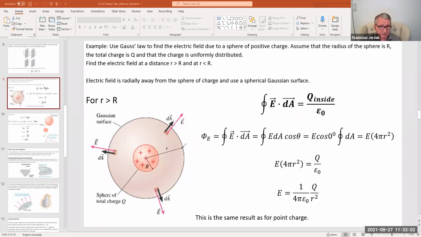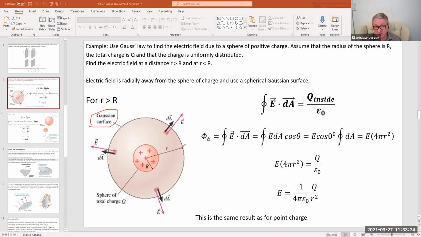To use Gauss law, we select the closed surface, which we call the Gaussian surface, which passes through that point where we want to calculate electric field.